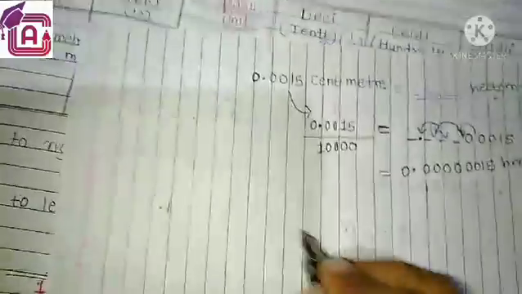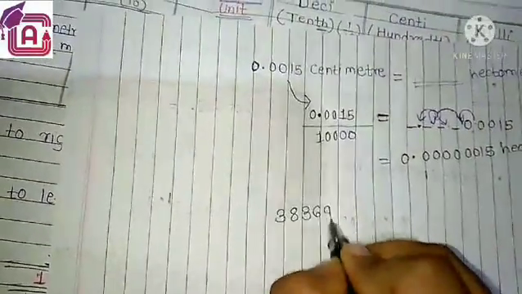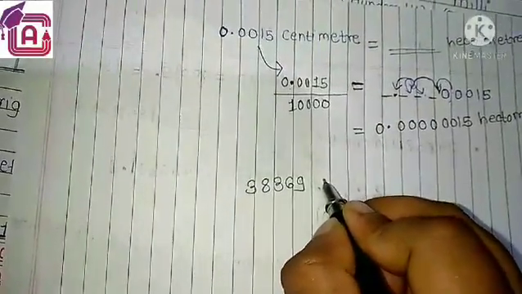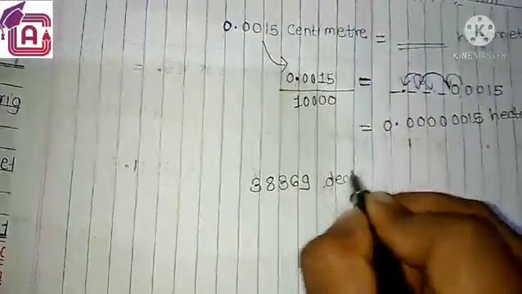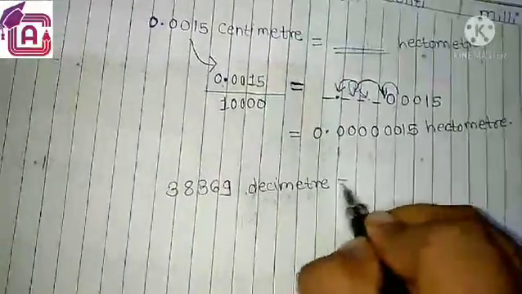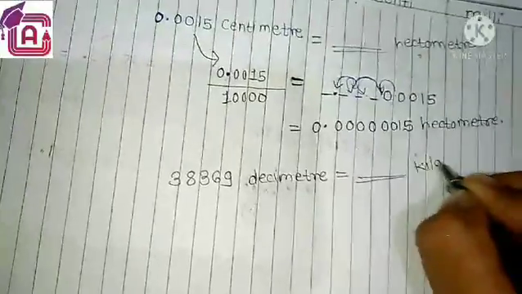This is quite complicated, but I am taking another example. That is, if 38,369 decimeter is equal to how many kilometer?